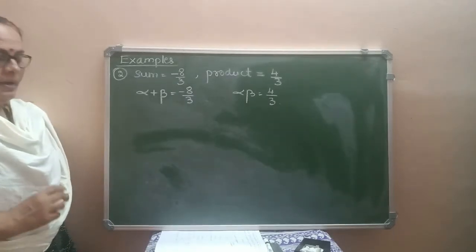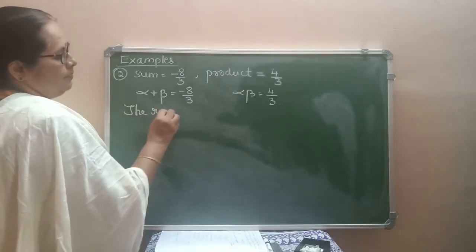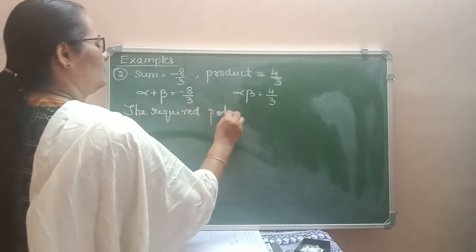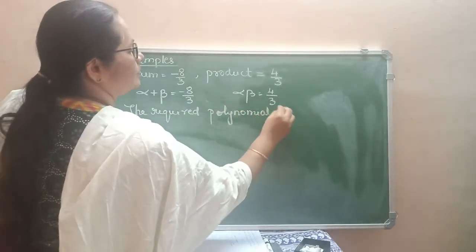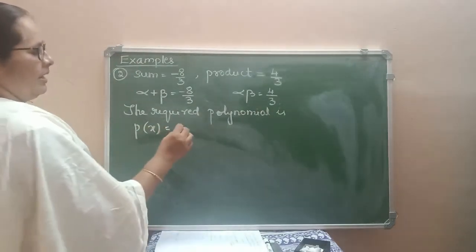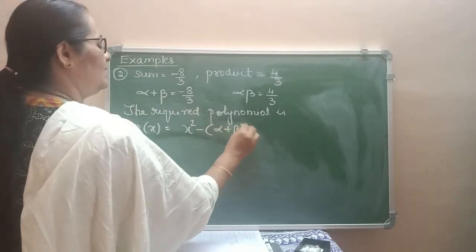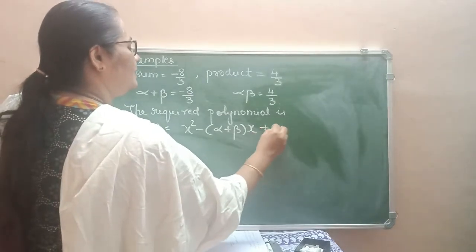The required polynomial is of the form, see here, x square minus alpha plus beta x plus alpha beta.